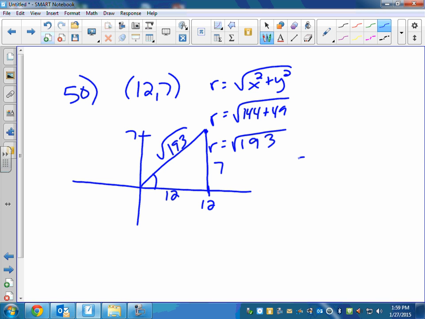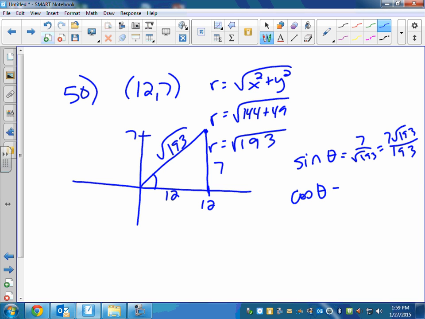But I just know that sine would be y over r, which would be 7 over the square root of 193, or 7 square root of 193 over 193. Does 7 go into 193? That's okay. If this was reducible, you can leave your radicals in the bottom, but if you can simplify your fraction, you still need to do that.